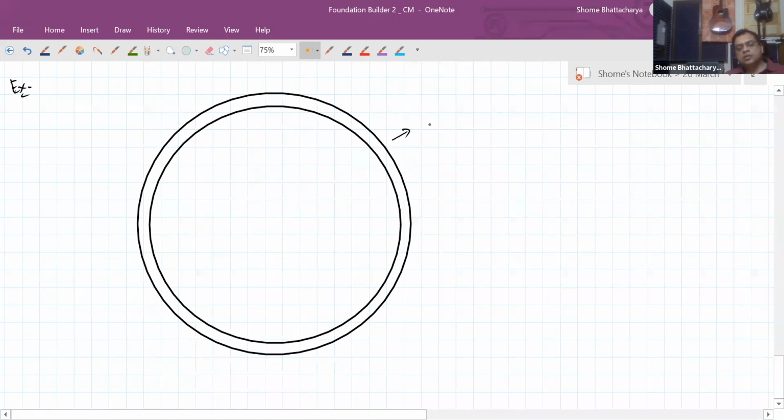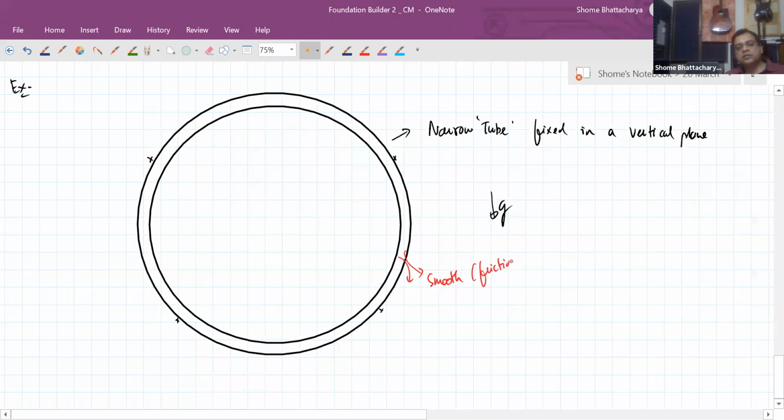This is a narrow tube fixed in a vertical plane. Okay, so we have fixed it against something like a wall in a vertical plane. So acceleration due to gravity g is like this, and both its inner surfaces are smooth. It's got smooth or frictionless inner surfaces.